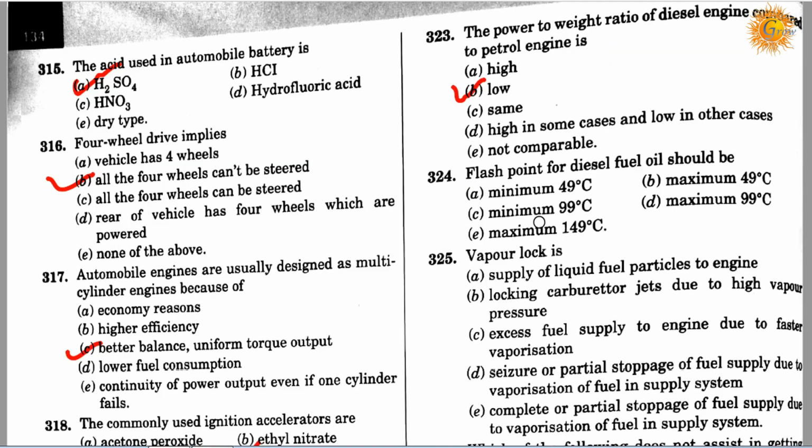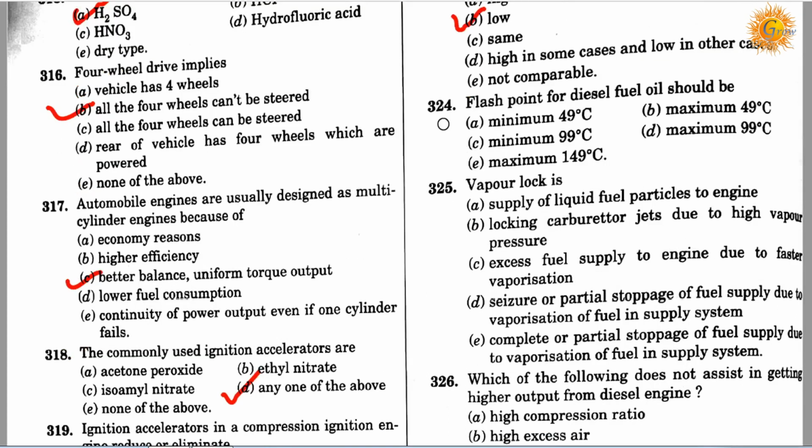Question number 324. Flash point for diesel fuel oil should be: option A, minimum 49 degrees centigrade; option B, maximum 49 degrees centigrade; option C, minimum 99 degrees centigrade; option D, maximum 99 degrees centigrade; option E, maximum 149 degrees centigrade.